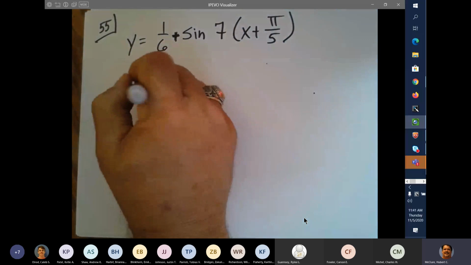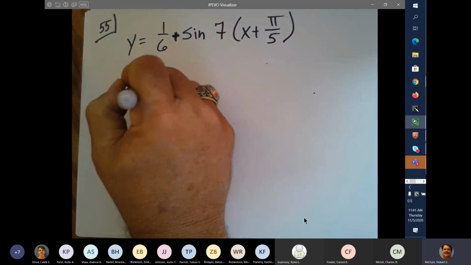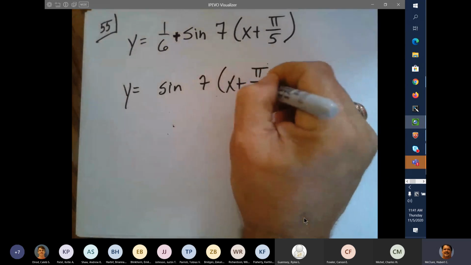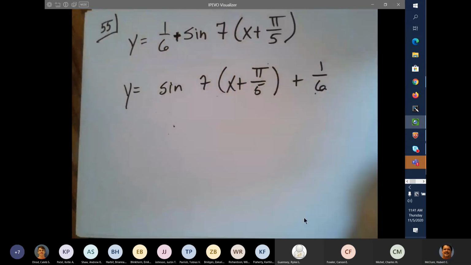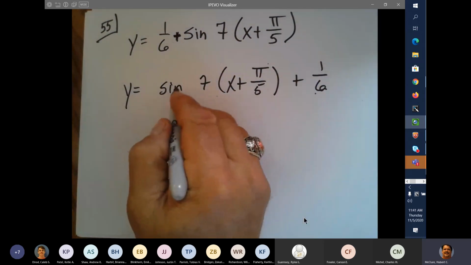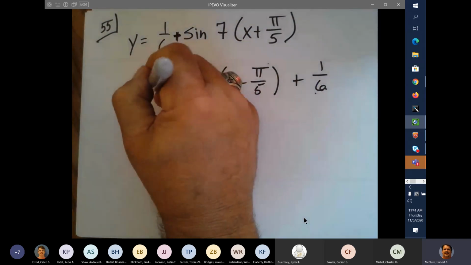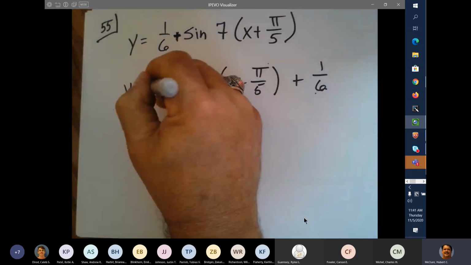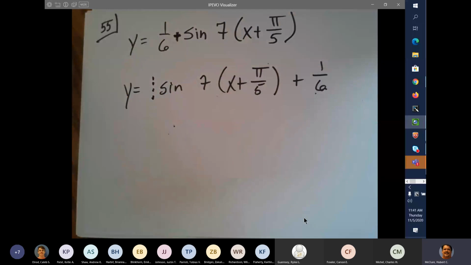So y is equal to sine of (7x plus pi over 5) plus 1/6. Now there's nothing in front of the sine, so that means that there is a 1 there, because if it was 0, it would cancel out the whole thing. So it's got to be a 1.